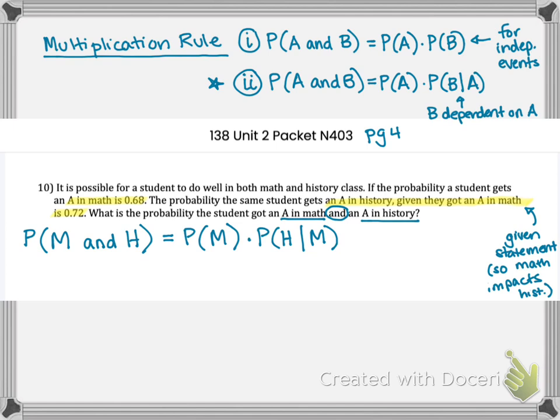And I know both of these numbers based on the paragraph above. So let's go ahead and fill them in. The probability this student gets an A in math is 0.68. And the probability this student gets an A in history, given they got an A in math, is 0.72.